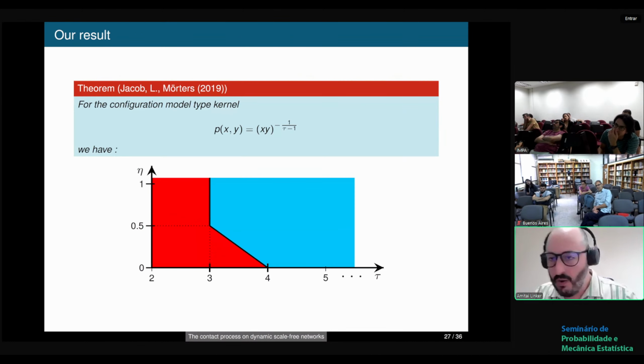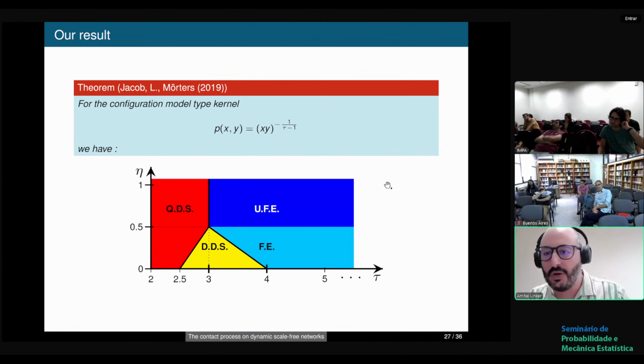Okay, now we go back to the picture of the main result that we found, and actually we can say a lot more. We can say when it survives, what is the most successful strategy? What is the optimal strategy for the infection? So you can see here a region in which the optimal strategy for the infection is quick direct spreading.